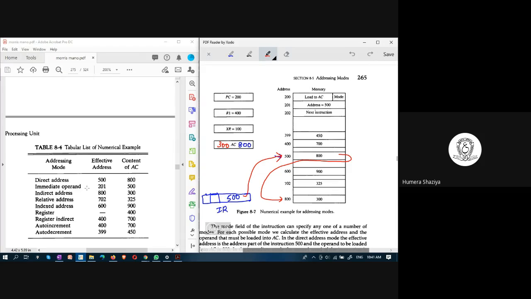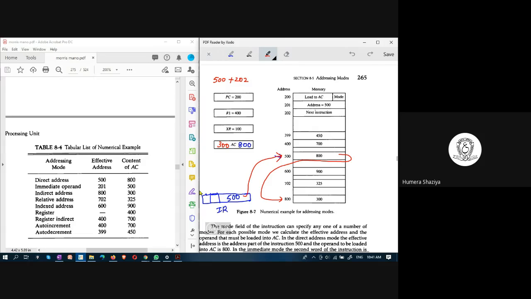To obtain the effective address, the contents of PC is incremented and added to the address part of the instruction. What is the address part of the instruction? 500. What is PC? Value 200. So you increment it and make it 202.